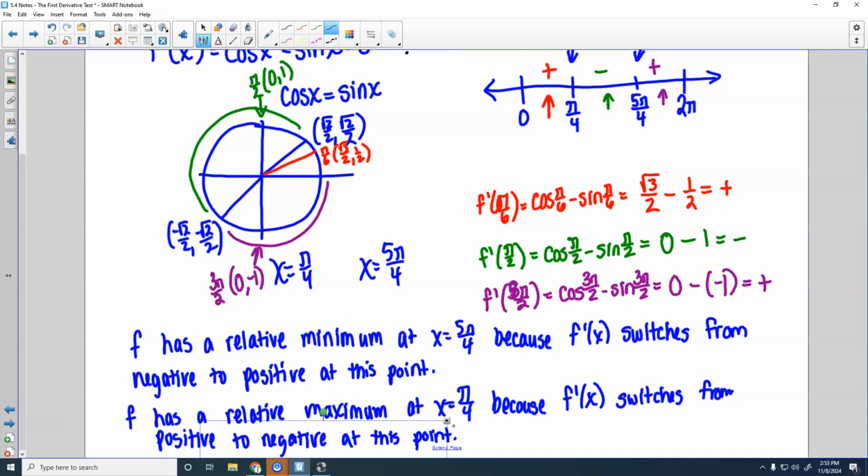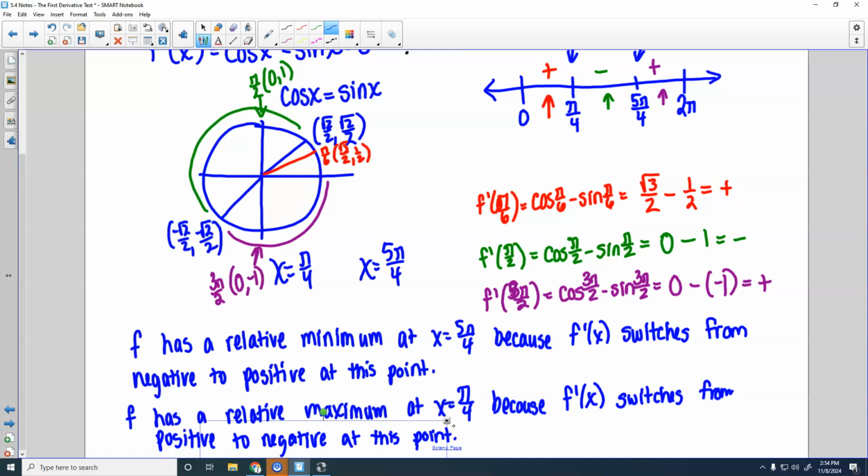So like before, these problems were just about where it's increasing and decreasing, but now we're stating the proof. Really, the only real difference between what you guys were doing last night and what you are doing now is what your conclusion is at the end, because the steps are going to be the same. You'll find your derivative, you'll find your critical points, you'll make your sign line to see whether your derivative is positive or negative.